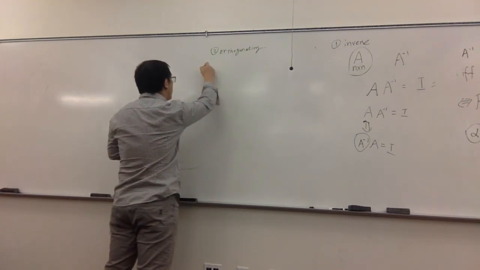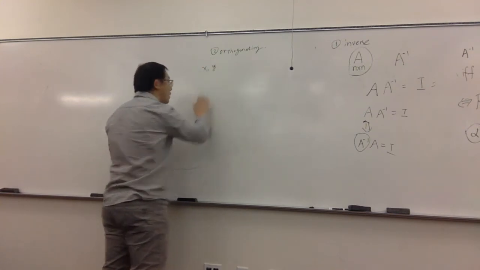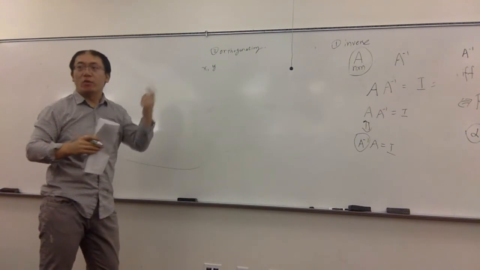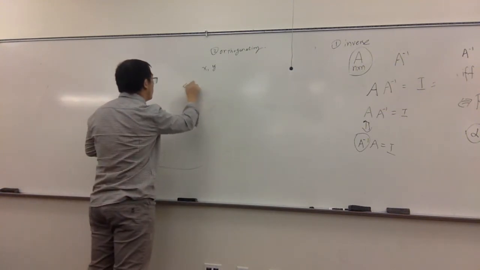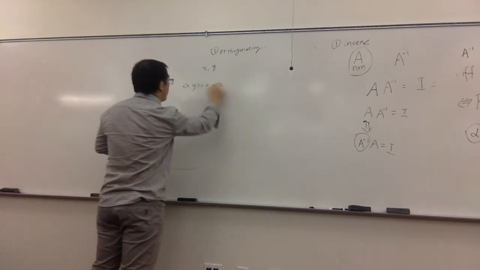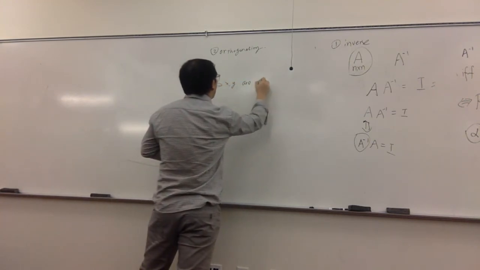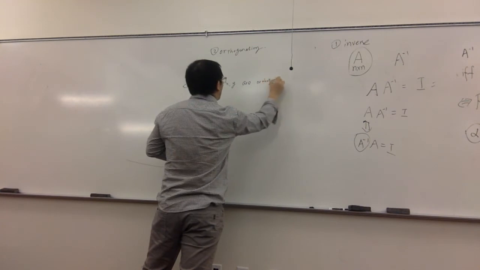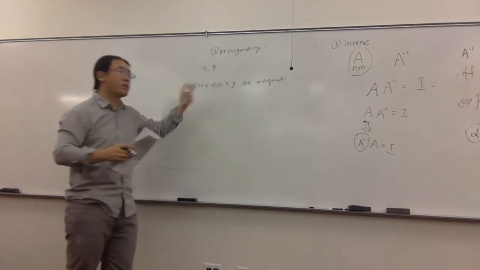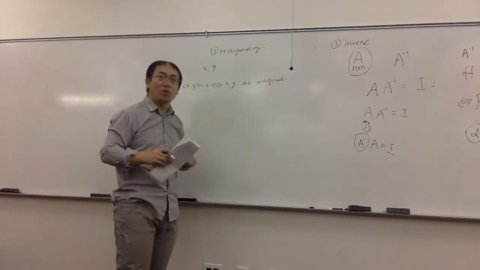If two vectors x and y have inner product 0, then we say x and y are orthogonal. You can also say x is orthogonal to y, or y is orthogonal to x.